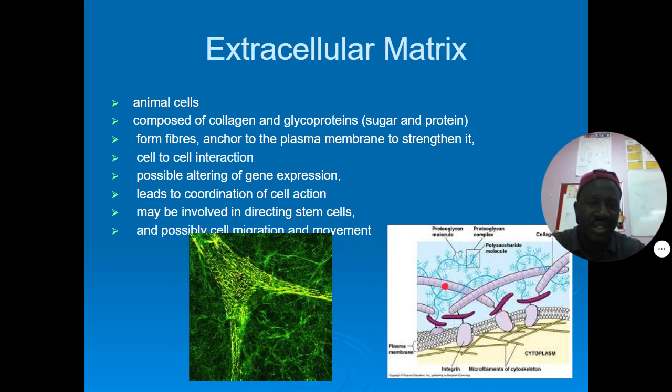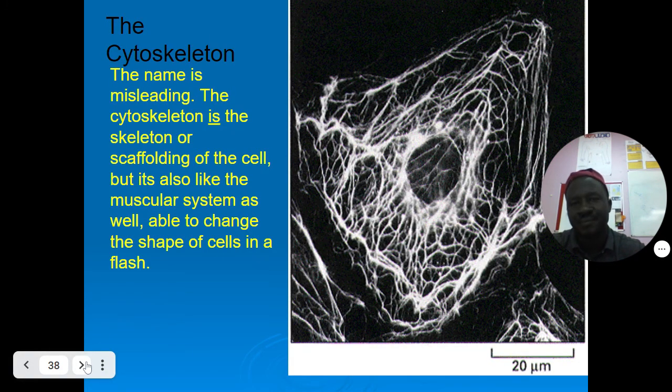So as you can see, we have the proteoglycan molecules attaching here, the proteoglycan complex, polysaccharide molecules. You'll see cytoplasm, you'll see all that. So that's the extracellular matrices, a mixture of all these compartments. Well, I'll still go back to the cytoskeleton because I talked about it.